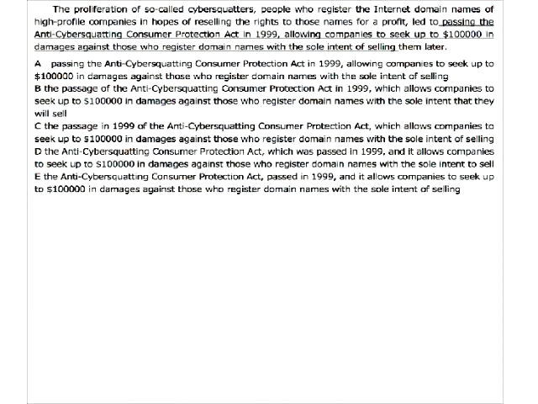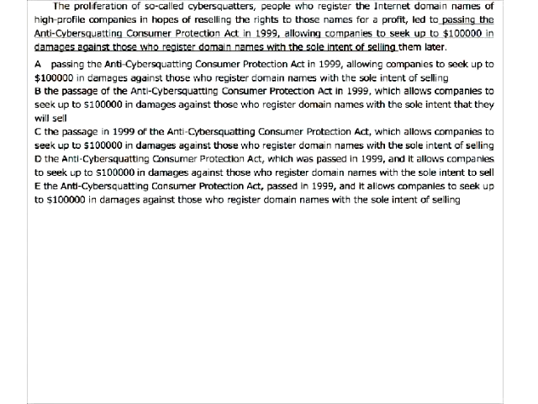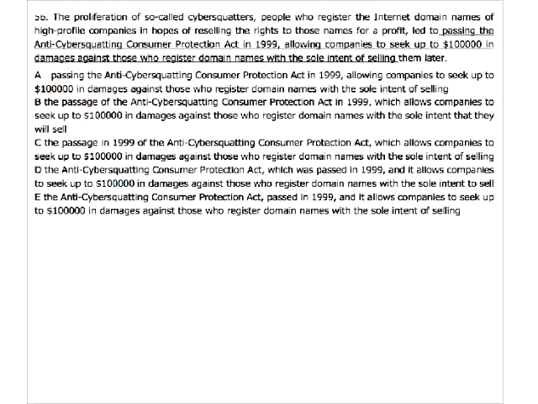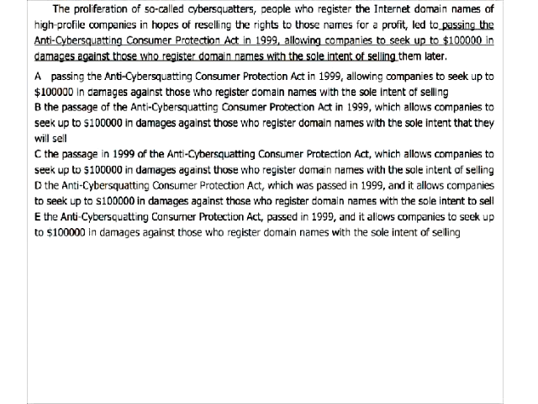Okay. One more. This is one problem that a couple of you guys actually submitted. So look familiar to some of you guys. This is also GMAT prep. Go for it.